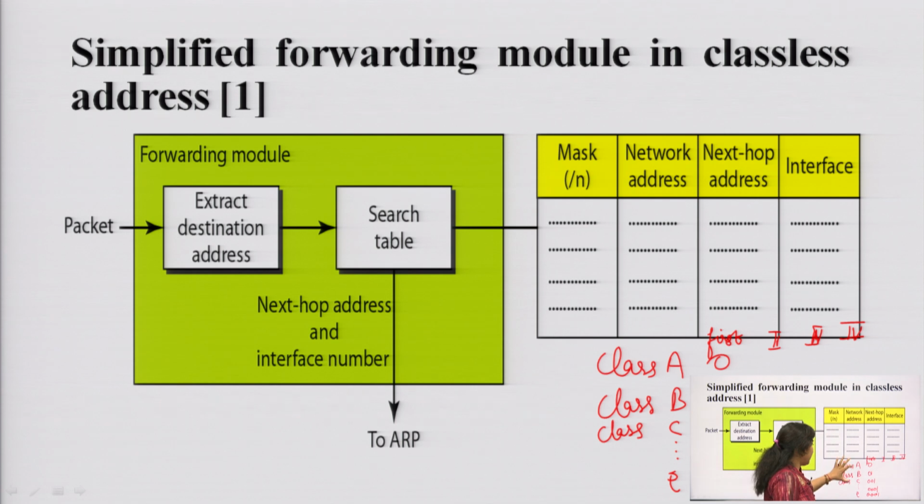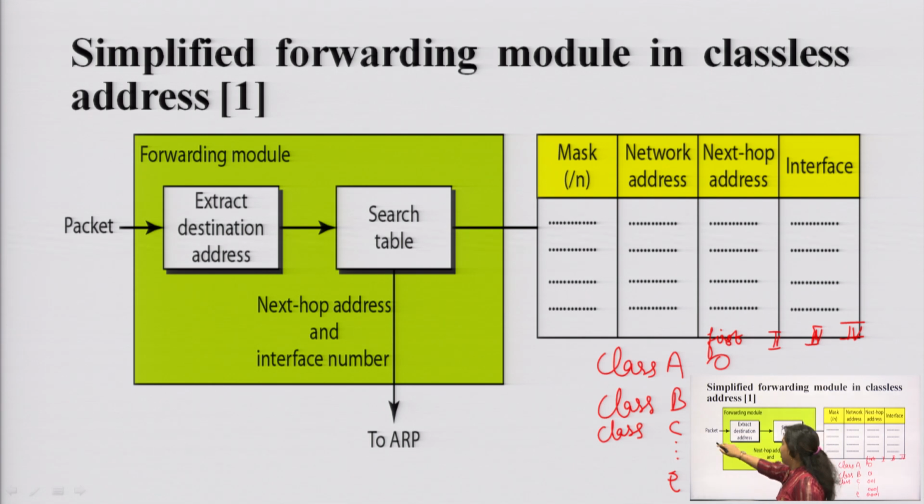This is a kind of class address table which has been maintained, so that if a particular IP address is received, you can look at this table and clearly find out whether it belongs to class A, class B, class C, class D or class E. So, this is a simplified forwarding module. If I do not want to use classes and that particular reference table is not present, then I can use this one.